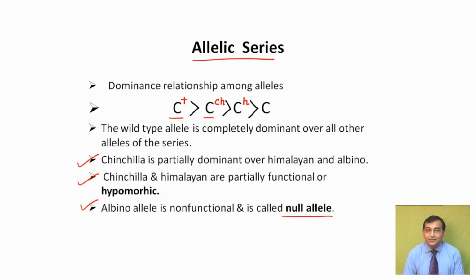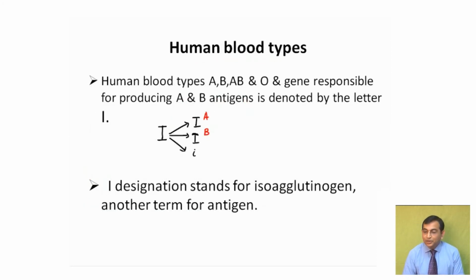Now, another important example of multiple alleles is human blood types. Human blood types, that is A, AB, B and O, and the gene responsible for producing these A and B antigens is denoted by the letter capital I. So, capital I has 3 alleles.